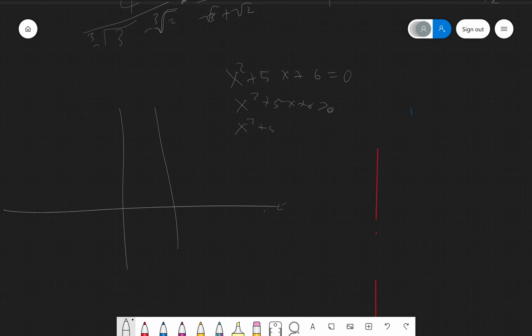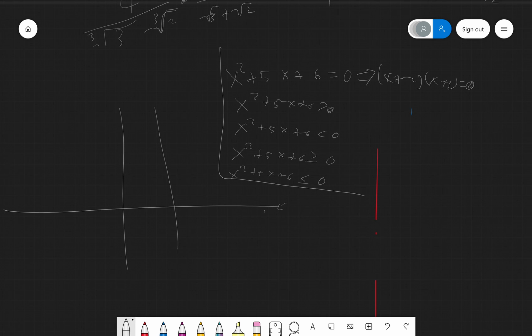Then x squared plus 5x plus 6 is less than 0. Then greater than or equal to 0. Then less than or equal to 0. Okay, let's do that. So now, if x squared plus 5x plus 6 is equal to 0, we factor, we get x plus 2 times x plus 3 equals 0.